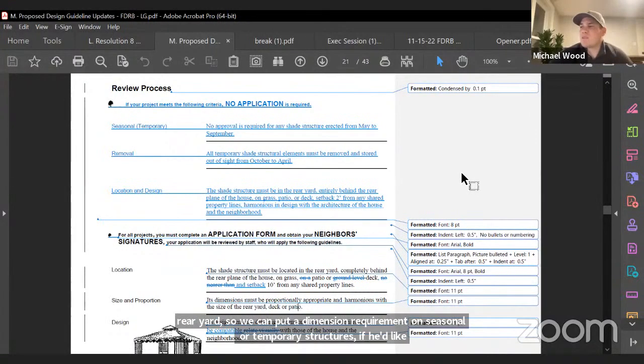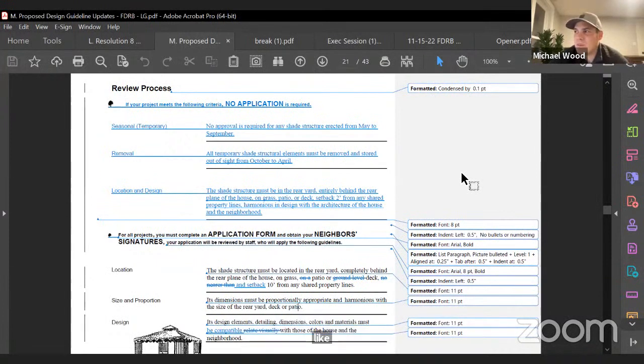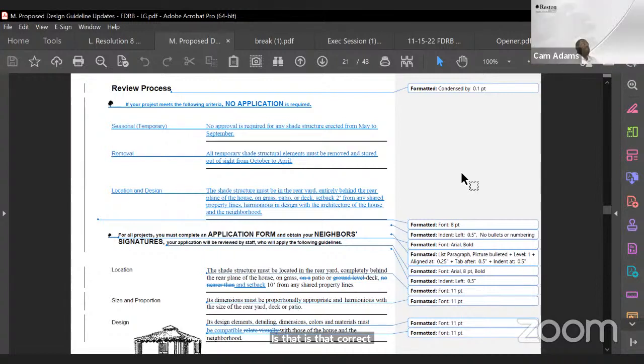No, I guess my point is we didn't have a guideline for temporary structures before at all. Is that correct? This design guideline existed. It just didn't address seasonal or temporary. So the shade structures design guideline was here, and it did not address any of the things that LaShonda is mentioning that's in the blue now.